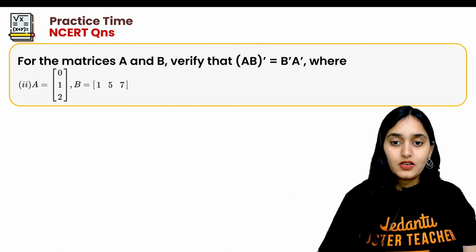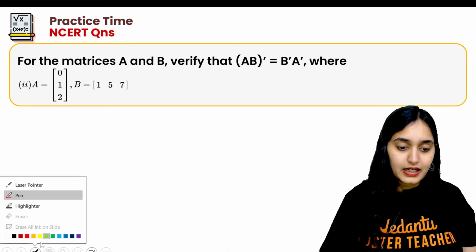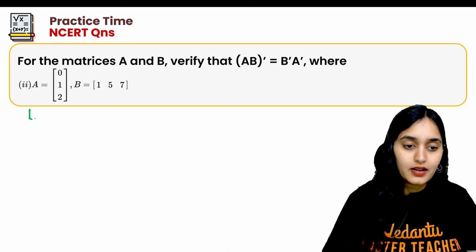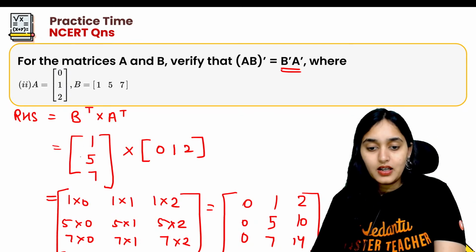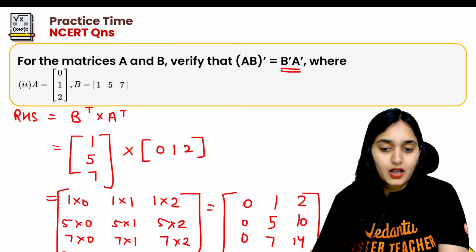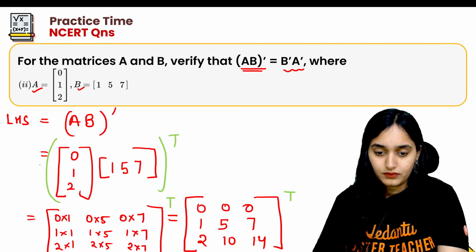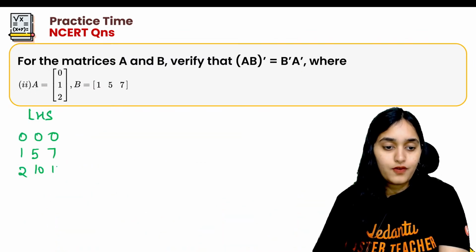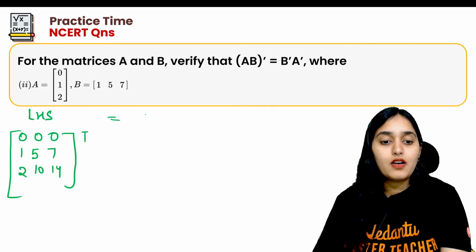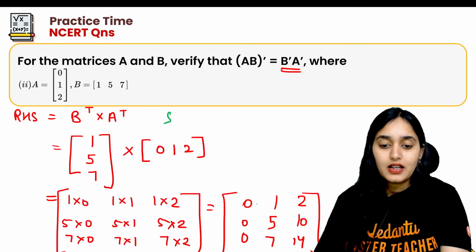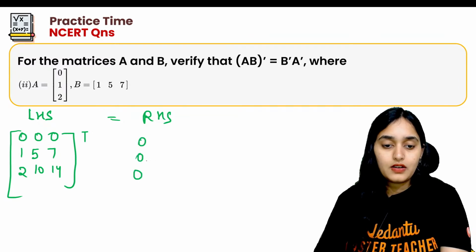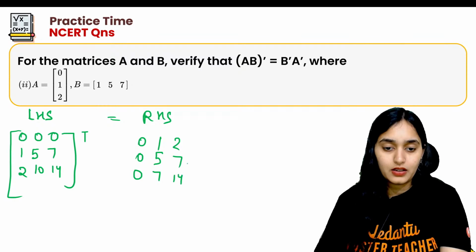Okay. So lastly now, let's prove it. So we have on the left hand side 0, 0, 0, 1, 5, 7, 2, 10, 14 whole transpose, and on the right hand side we have 0, 0, 0, 1, 5, 7, 2, 7, 14.